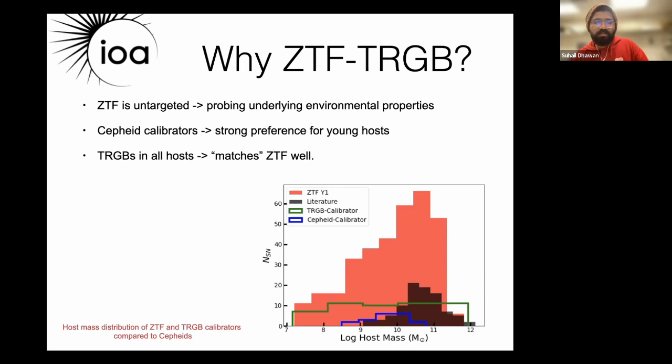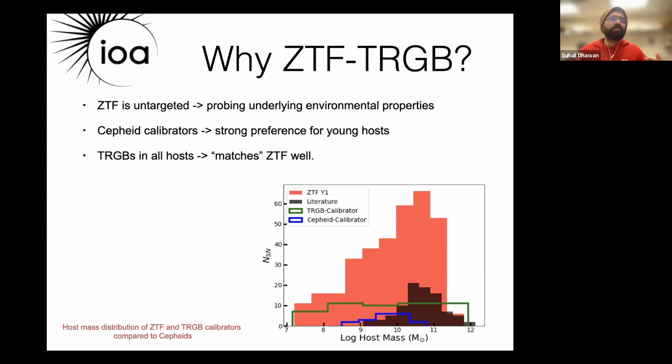As we can see here, this is a plot from a recent HST proposal that the calibrators in the TRGB sample matched the host galaxy distribution very well of the ZTF year 1 sample compared to, for example, the biased sample from the literature, which only looks at a particular kind of host galaxy type.